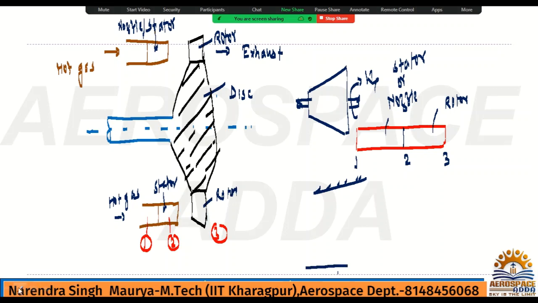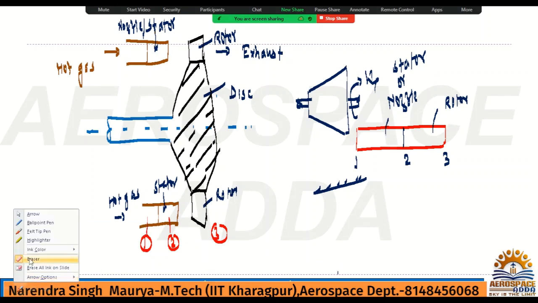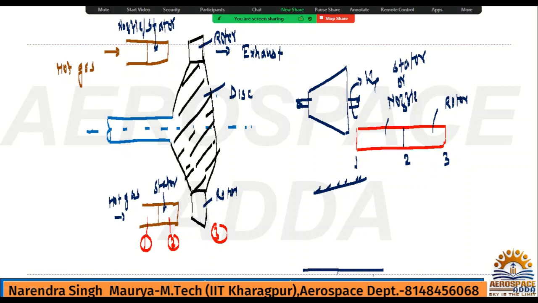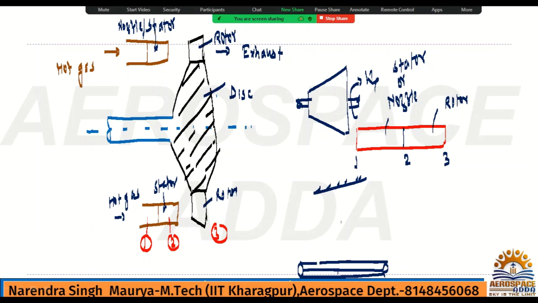and this is the base, you can say. Okay, now the blades here are connected with the rotary shaft.